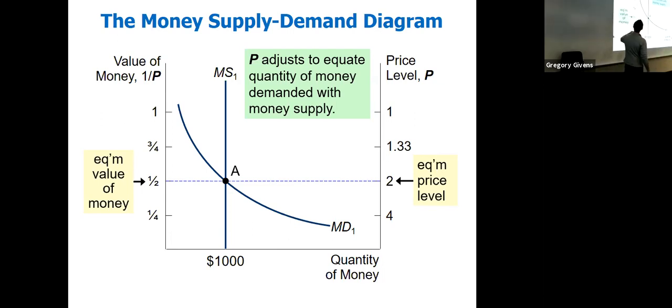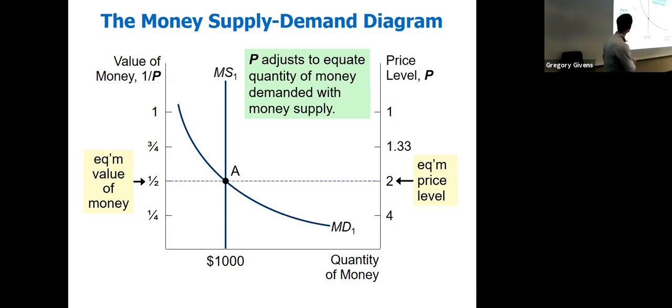What if we're down here at a value of money of 1/4, in which the price level is 4? That's the exact opposite situation, where money demand exceeds money supply. So we have a shortage of money in our economy, right? The Fed has not created enough dollars to satisfy our demand for money.